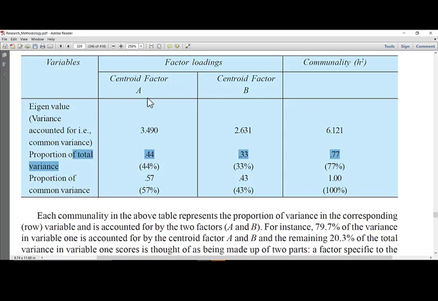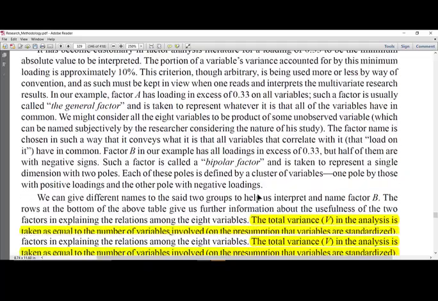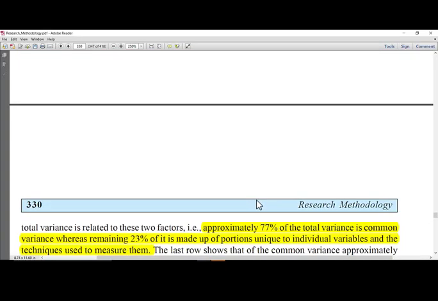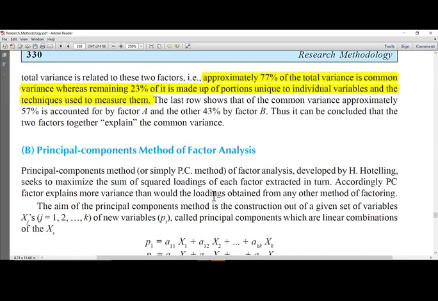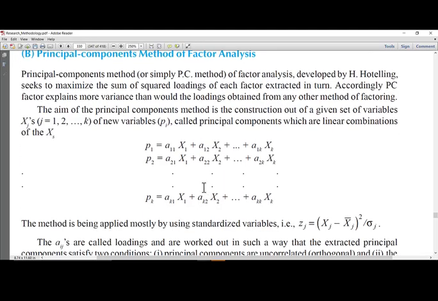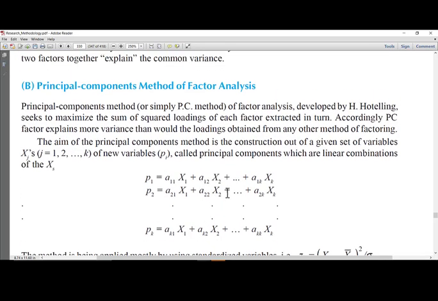For centroid factor A, its eigenvalue 3.490 by 8 is 0.44, and here 2.631 by 8 is 0.33. That is the proportion of total variance corresponding to centroid factor B. Then the explanation is given below that. One can go through that. So that is the centroid method of factor analysis.